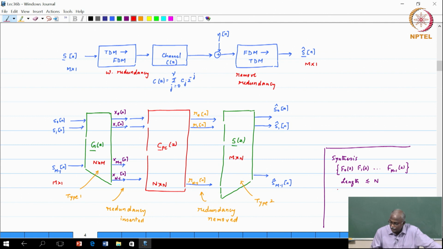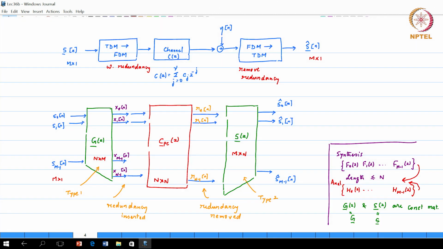Similarly, the same thing applies for the analysis filters which are h0 of z, hm minus 1 of z. If both of these satisfy this condition, that the length is less than or equal to n, then this important result: G of z, the matrix, and S of z are constant matrices.